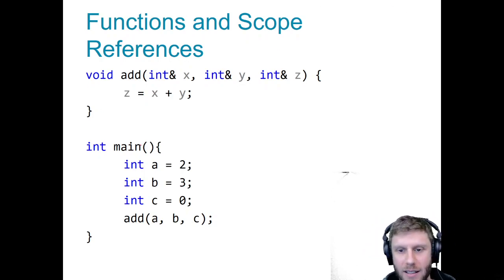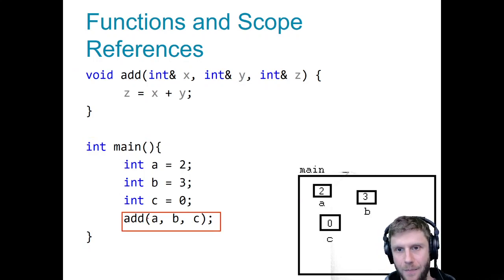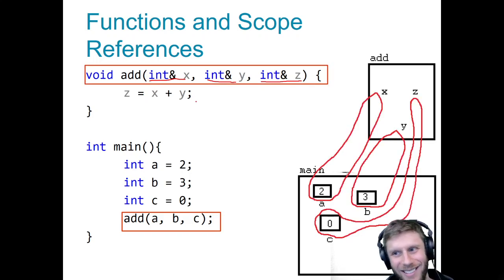I've got my main, so everything here is going to be the same as before, and I call add. But here, you'll notice the types are int ampersand. They're references. So what happens now is basically this.